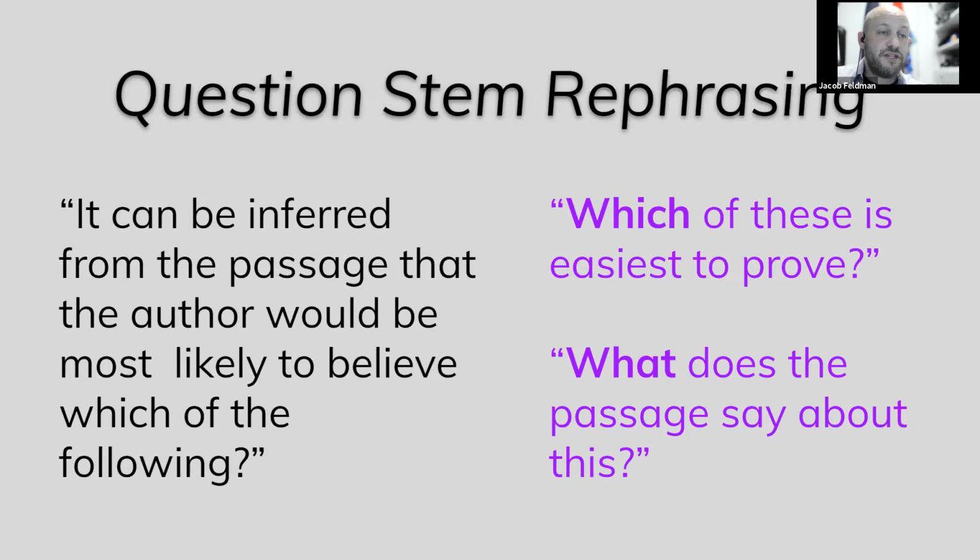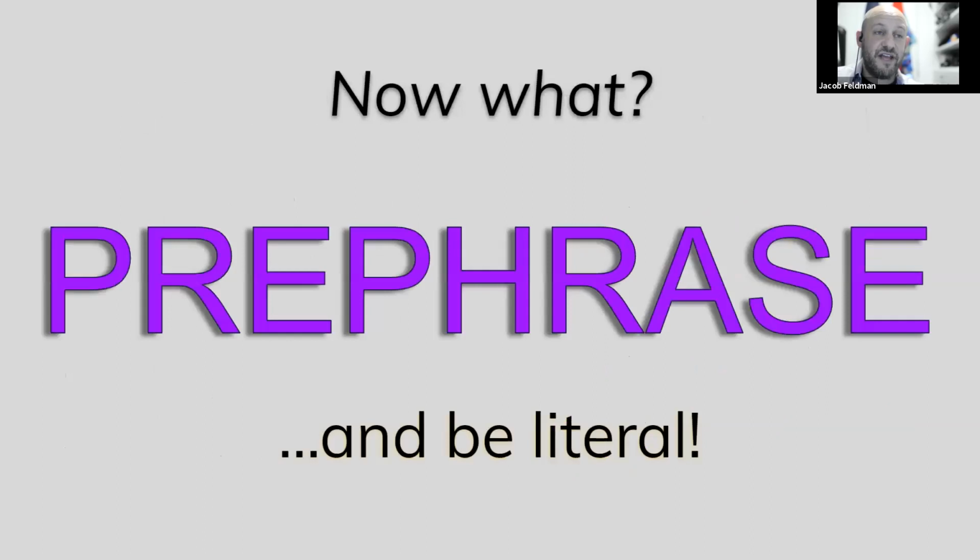And so when we get to the point where we're really good at rephrasing our question stems, we then have to get really good at prephrasing our answers. And so one of the things that Keith and I talked about this morning when we were walking through this was the framework of answer choices, and that when you've got 5 choices in front of you in a reading comp, 1 or 2 of them are going to be irrelevant, but the other 3 are likely going to be true.